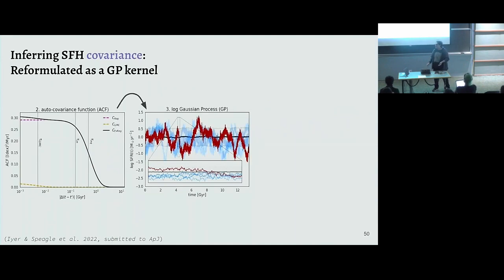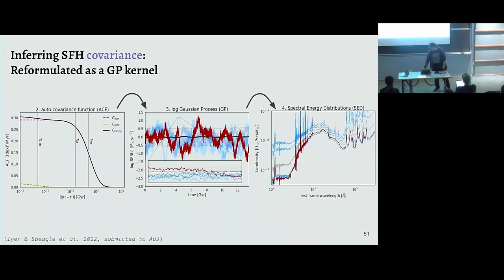You can say this is my physical GP, a physical kernel that has those timescales, and then make a draw that produces realizations of star formation rates corresponding to that autocovariance structure. You can forward model that further to get to spectral space. So this provides a really powerful tool to go from timescales to star formation histories to spectral features.